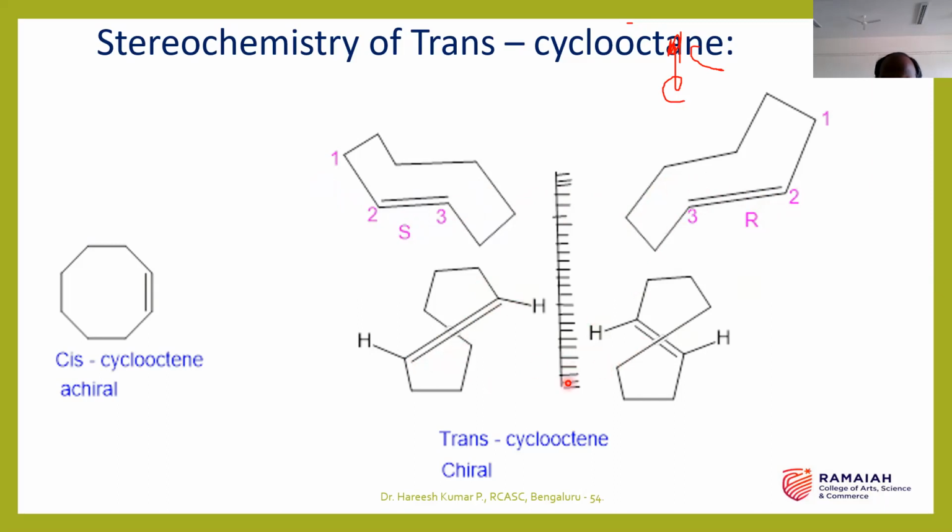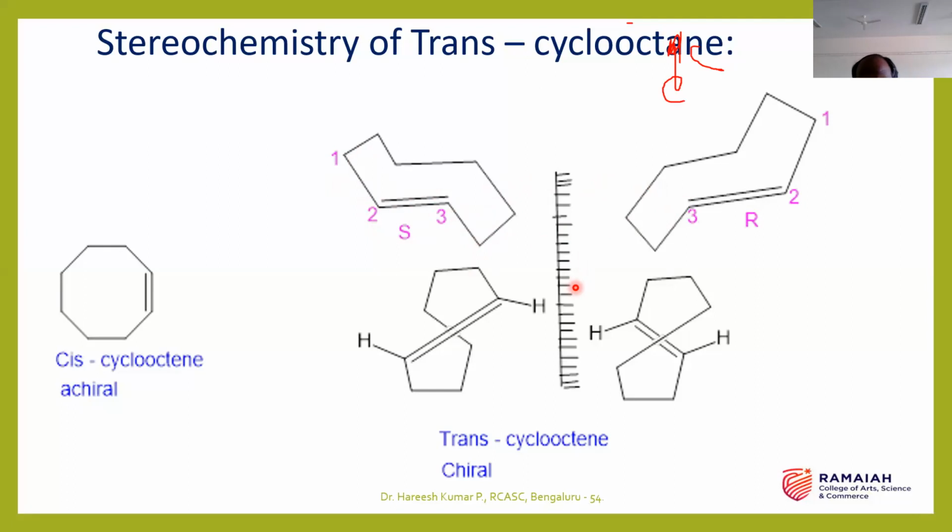What is important here that you need to remember is that these two representations are called twist cyclooctene. This is the chair cyclooctene, and more particularly these two are trans. Why is it trans? Because the two bulky groups, this one CH2 and this another CH2, are away, not adjacent. So that is the reason this one as well as this one is trans.